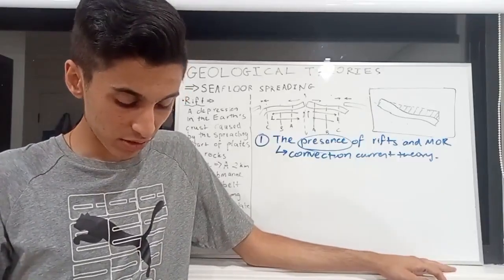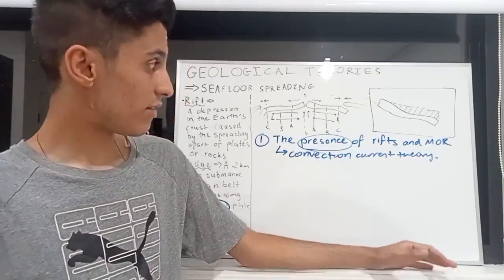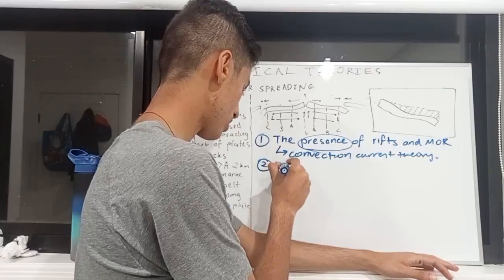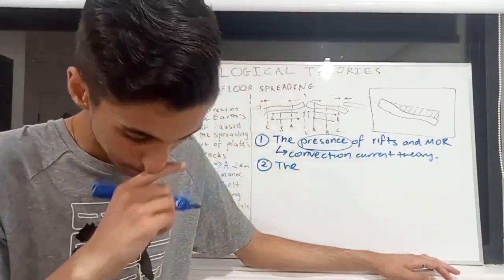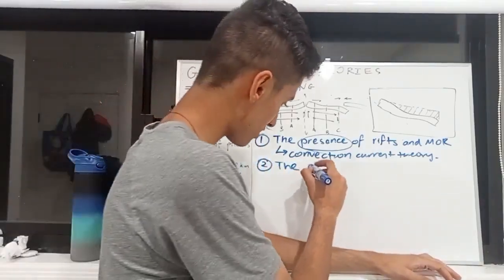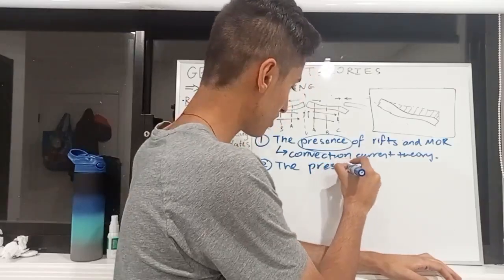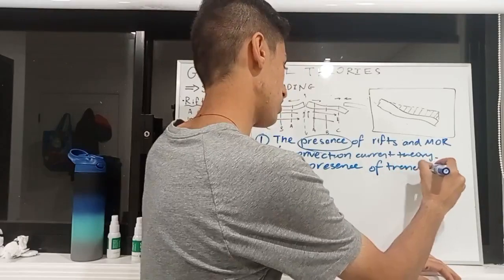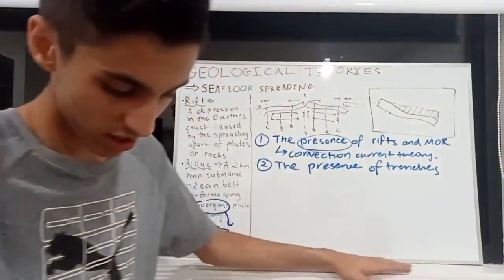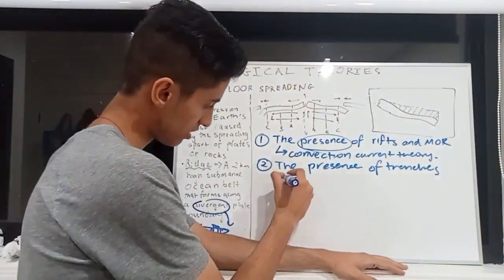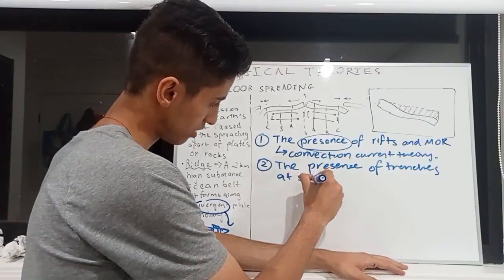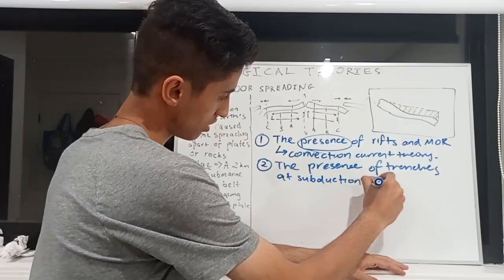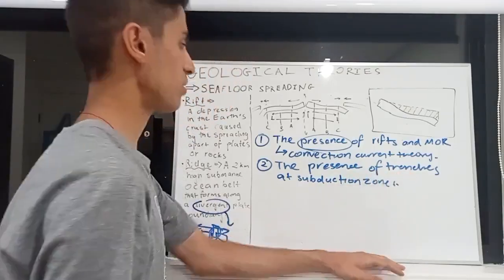Now the next piece of evidence that they found was the presence of trenches at subduction zones.